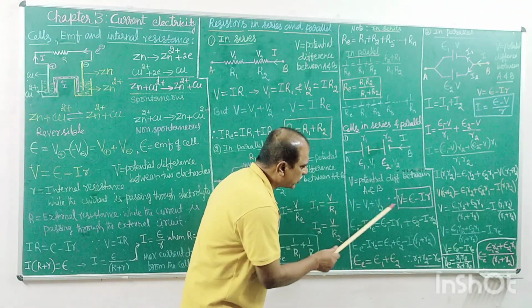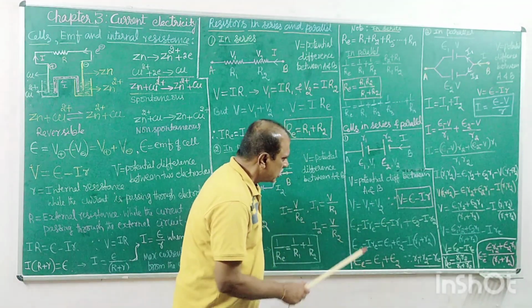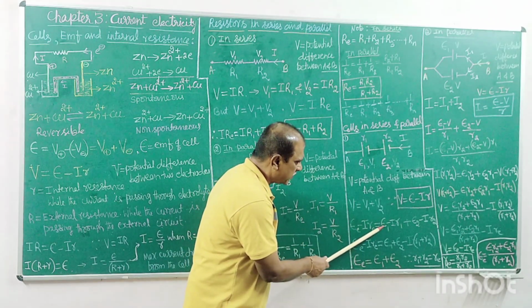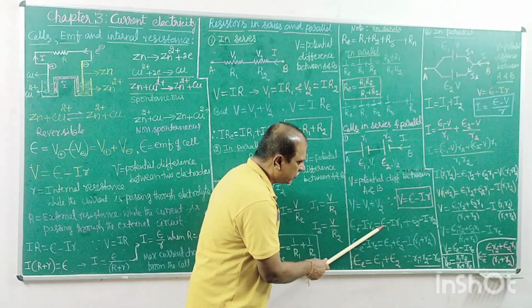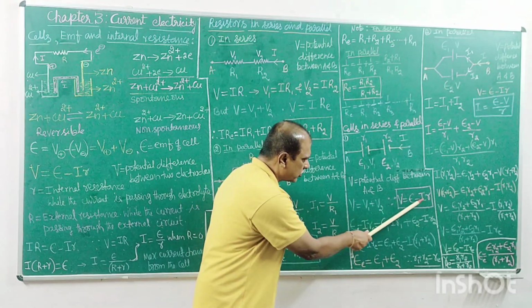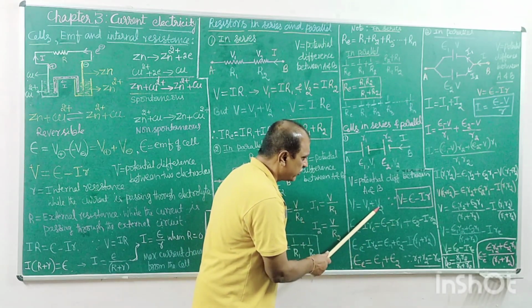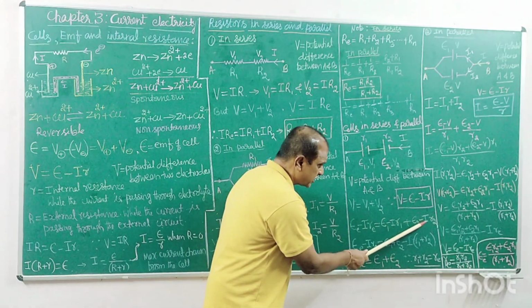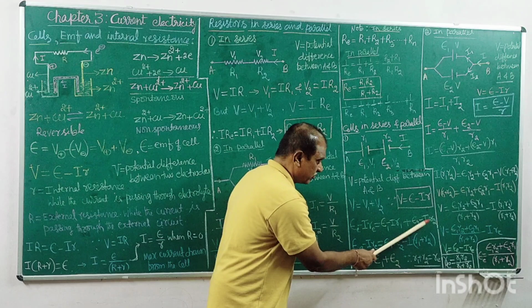So what is V1? V1 is equal to epsilon 1 minus I R1, as the current remains the same. Look at this equation. What is V2? V2 is equal to epsilon 2 minus I R2 for this second cell.